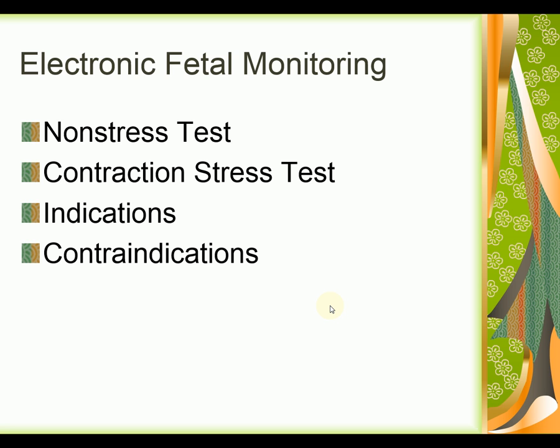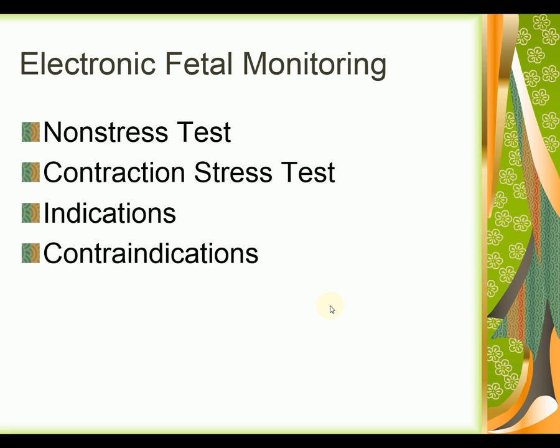If you have no accelerations, but you've got, say, some really great variability, but you don't have acceleration, that's going to be kind of indeterminate. But if you have one that has absolutely, variability is kind of minimum and there's no accelerations, then that is a non-reactive stress test. And what that means is they will have to go on to have a contraction stress test.